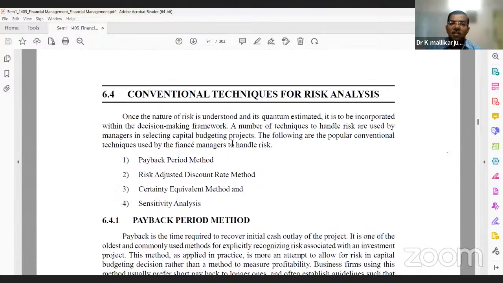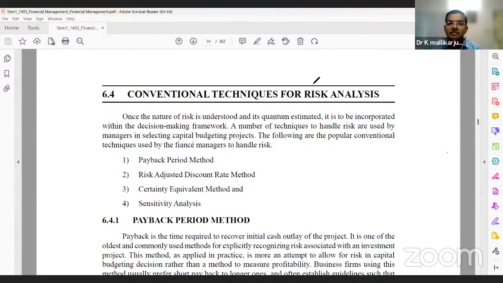Then, regarding the conventional techniques for evaluating these projects, consideration of risk also matters. NPV, IRR, and the payback method do not consider the risk portion. They consider only the time value of money, not the risk.